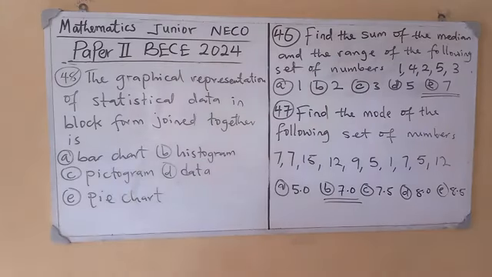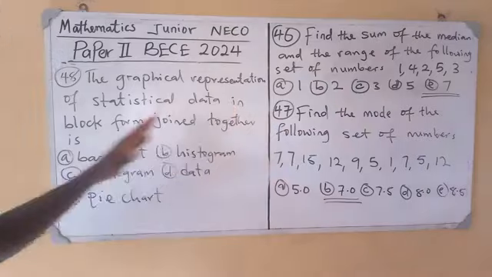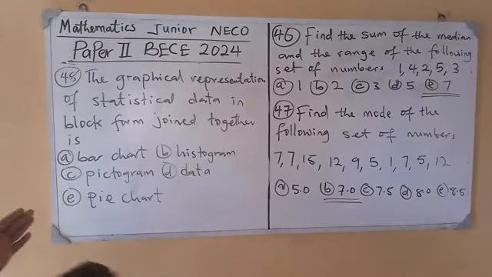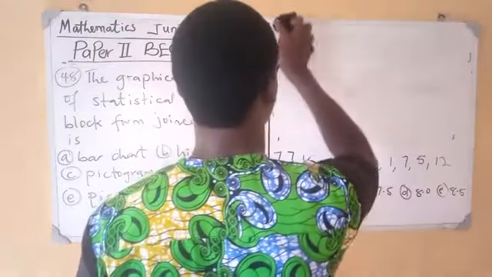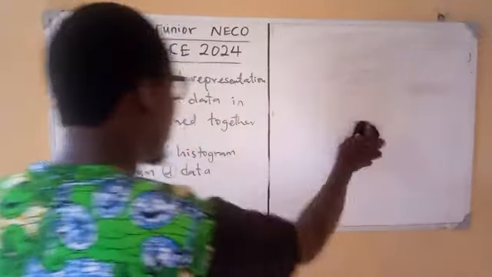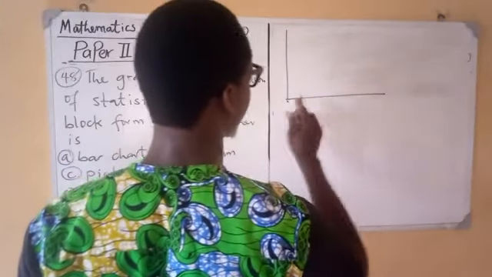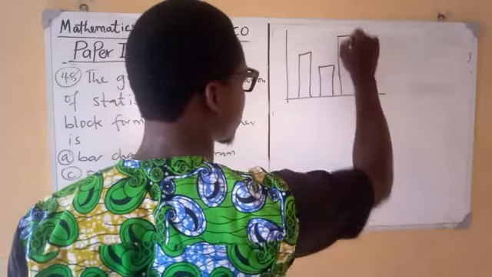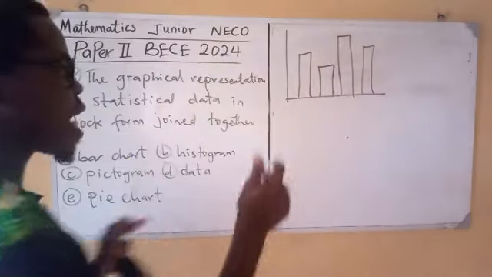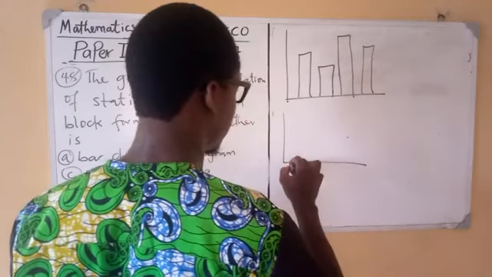So the question says, the graphical representation of statistical data in block form joined together. Now let's check it out. A bar chart is in this form. This is called a bar chart. The bars are not joined together. Histogram, we have something like this.